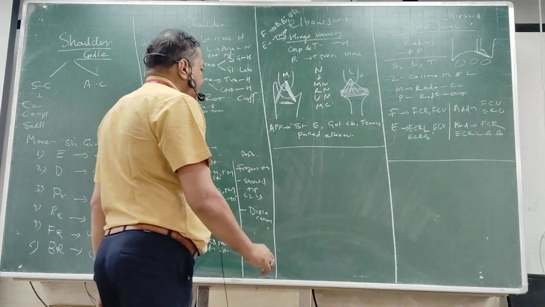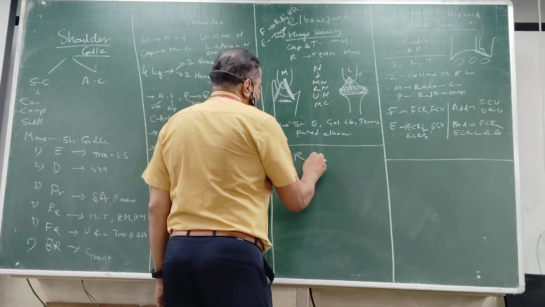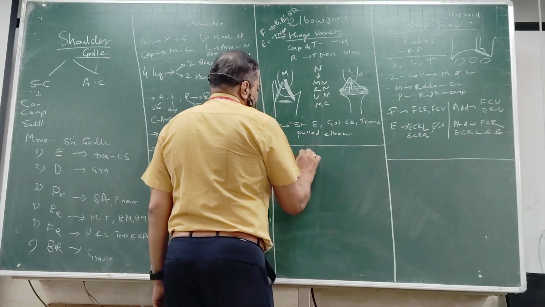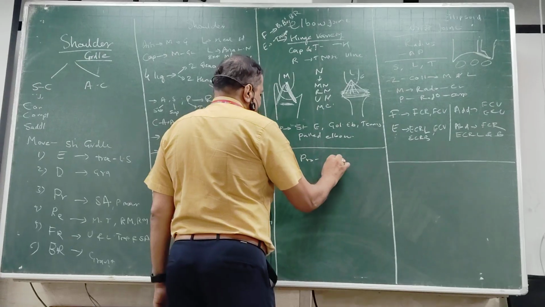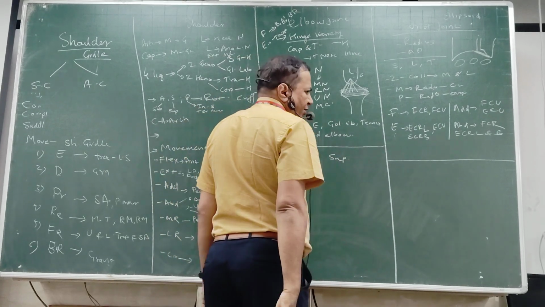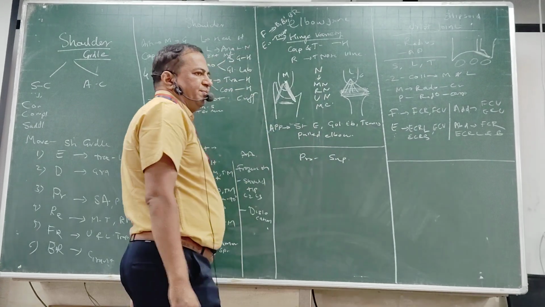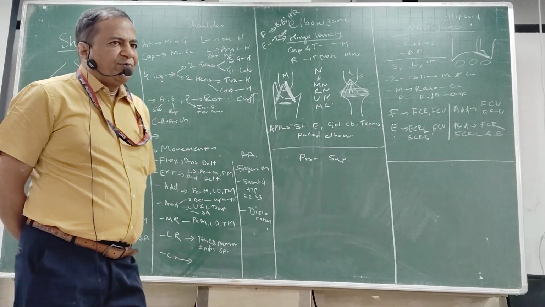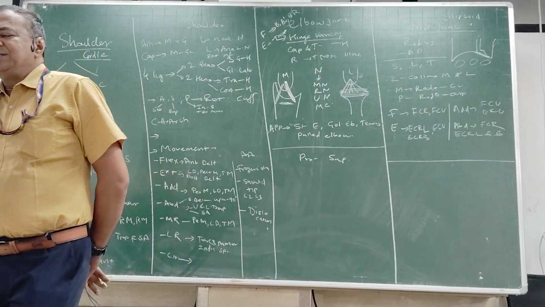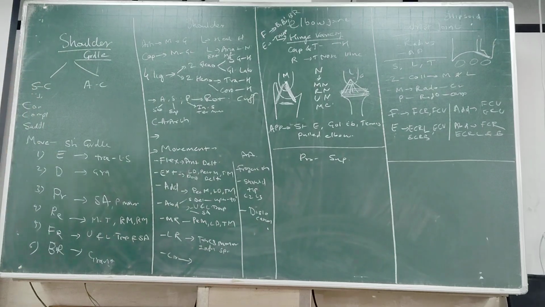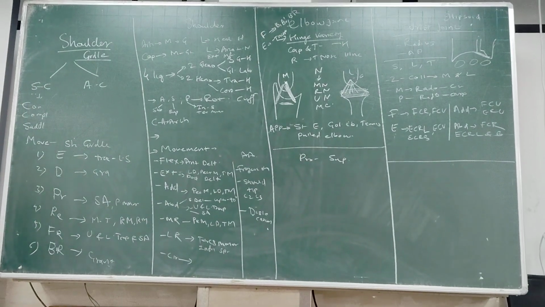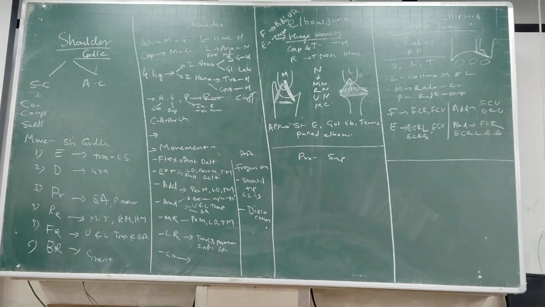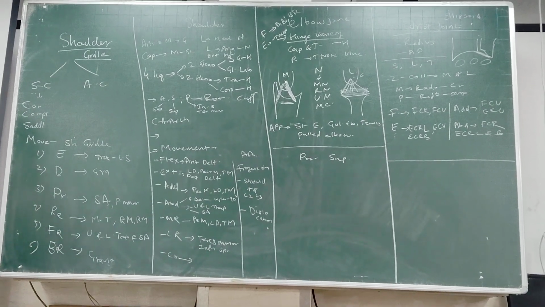Then suddenly, out of the box, you get a question on pronation and supination. The axis of pronation and supination passes from the radial head to the ulnar head obliquely, and that's how the radius moves over the ulna.